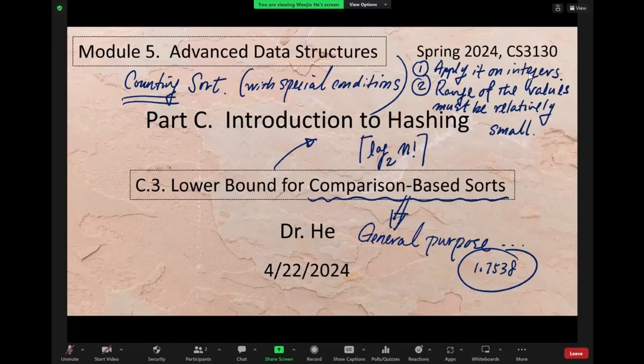So next, let's do some analysis. Why is the lower bound what it is?